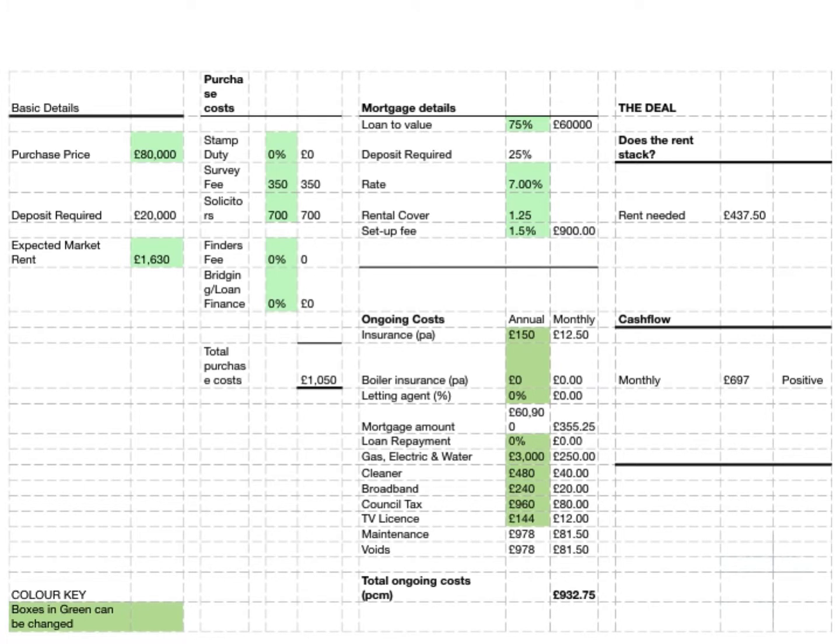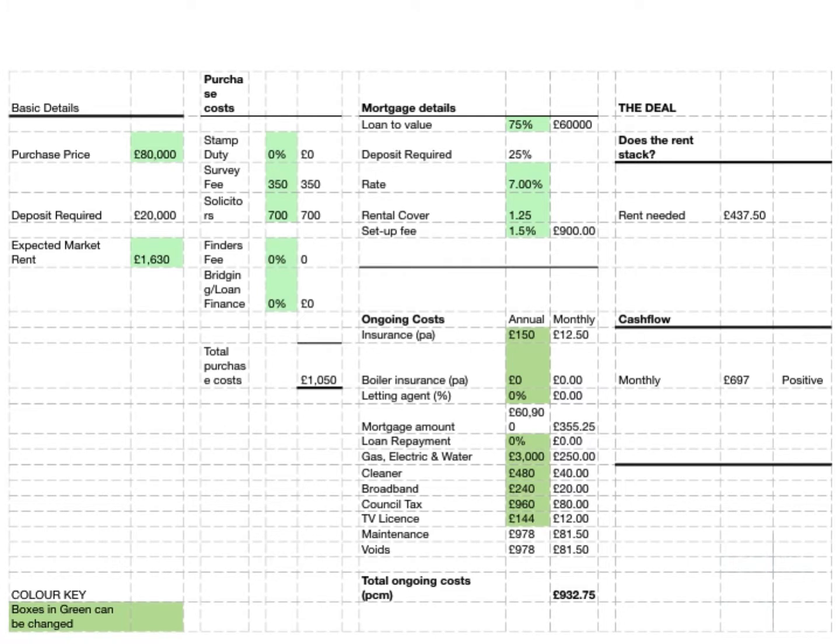Okay, so looking at the basic details again, the column on the left, we've got in this example where the expected market rent is £1,630. Now that's because we're looking to do this as a room share. So this is a particularly good rental income, and these are the kind of figures that you can achieve, and sometimes more than that.